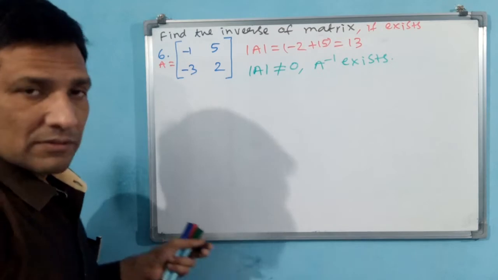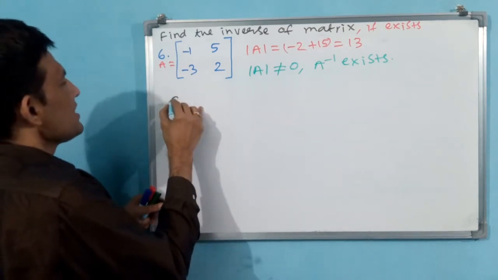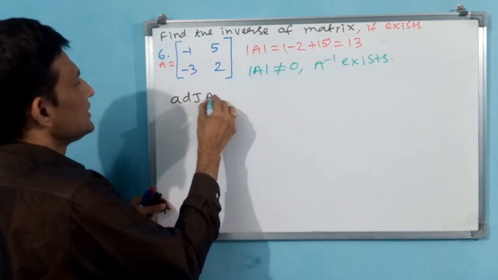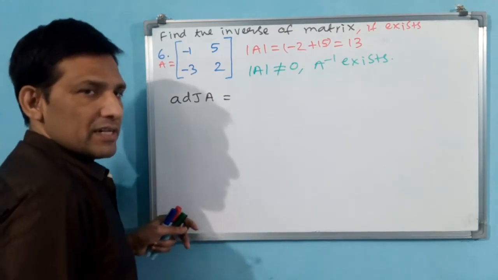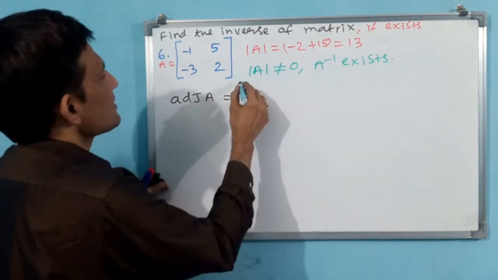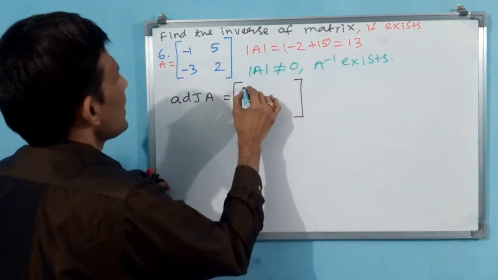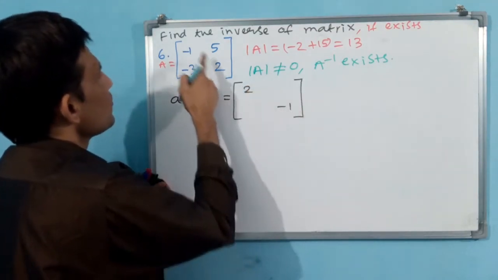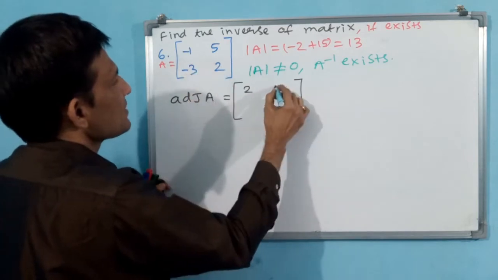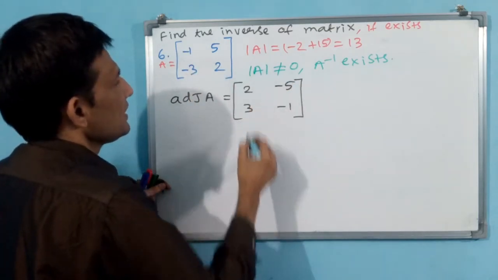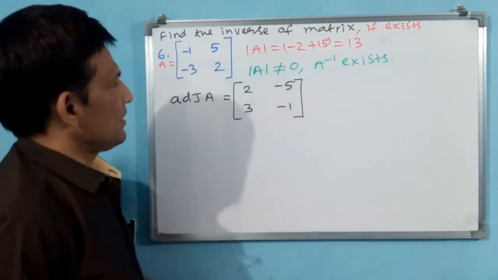Now write down adjoint A. How to find adjoint A? Just you reverse this AD. I am reversing AD. 2 minus 1, I have to put the minus symbol. Minus 5, 3. Is it okay?